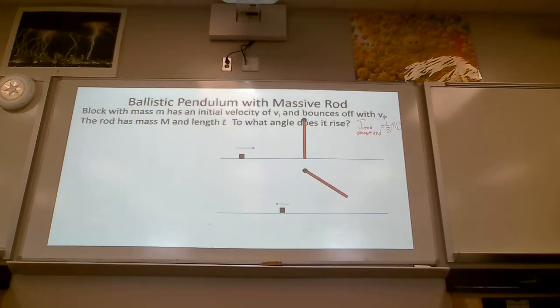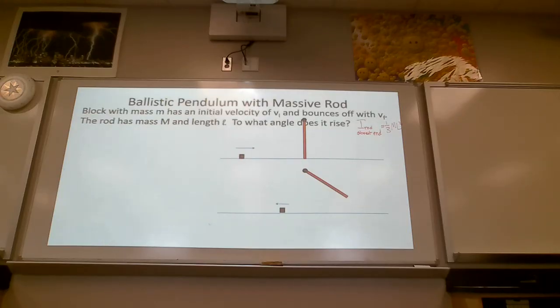But what about angular momentum? Is angular momentum conserved? Yes. Why is there no net torque? Because the force of the axle is at the center of rotation. Right. The axis of rotation that we're looking at is the hinge.